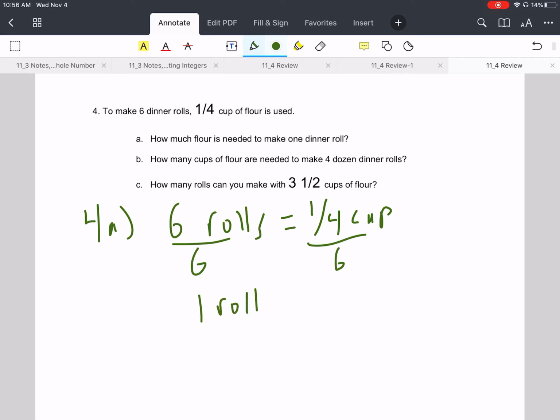So 1/4 divided by 6 is going to be the same as times 1/6. That will equal 1/24 cups. So 1/24 of a cup.